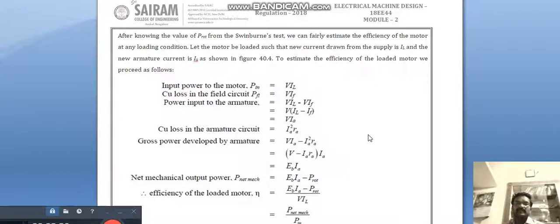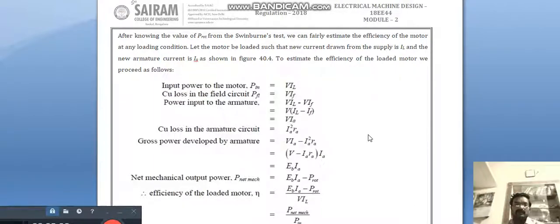To estimate the efficiency of the loaded motor, we can proceed as follows. Input power to the motor, P in, is equal to V IL. Copper loss in the field circuit, P FL, is equal to V IF.